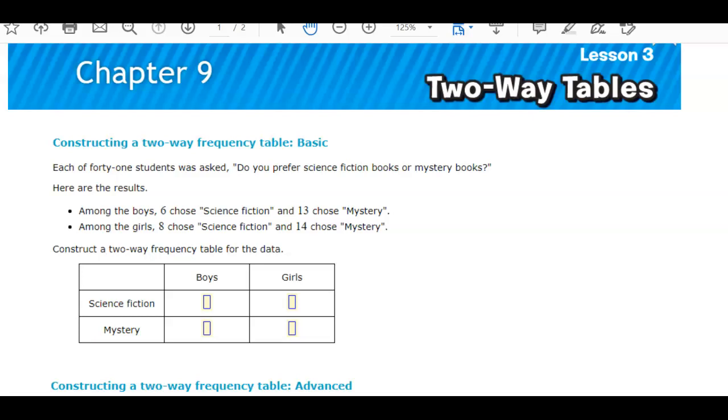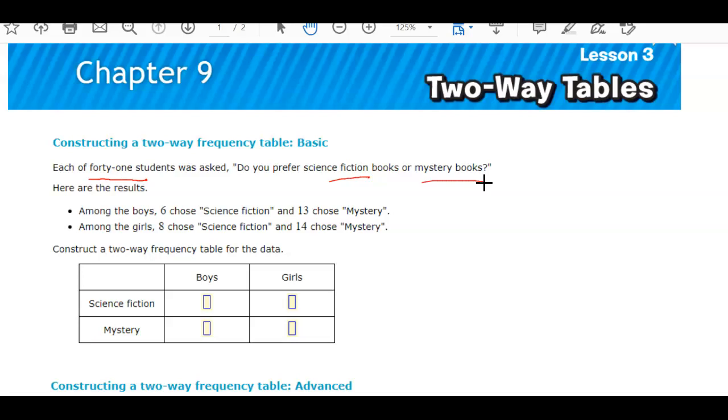Okay, so we are going to construct a two-way frequency table, and they say that this one's basic. Each of 41 students was asked, do you prefer science fiction books or mystery books? Here are the results. Among the boys, 6 chose science fiction.